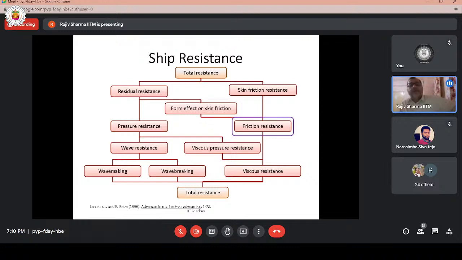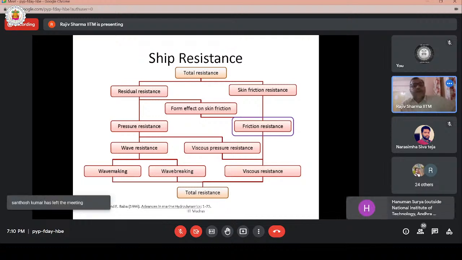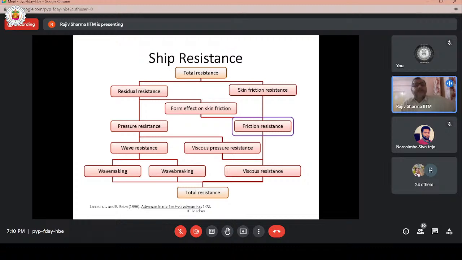Now, broadly, if we see the total resistance, it will have two components: residual resistance and skin friction resistance. Residual resistance is because of viscosity, pressure.